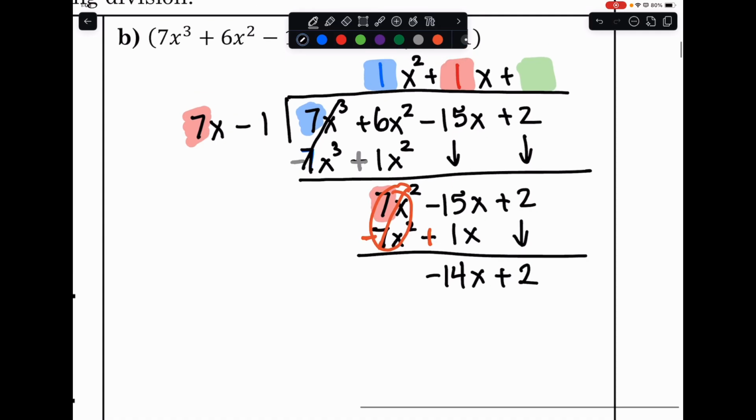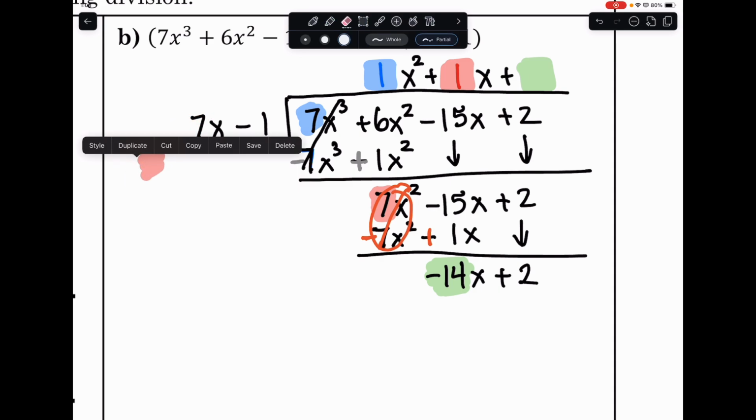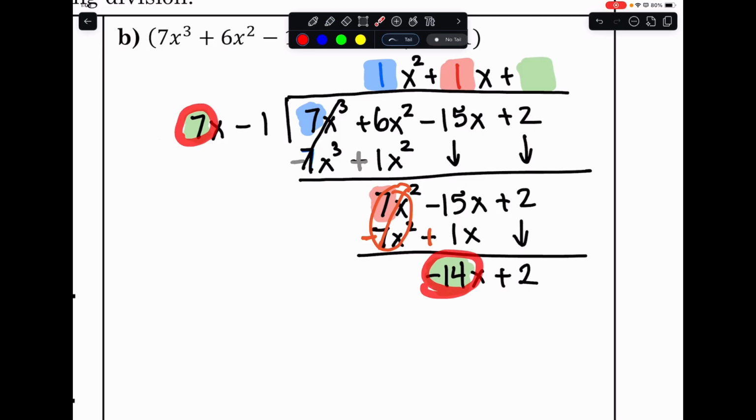And to get the third and final value right there, we're now going to get this leading term on this new dividend and divide it again by the leading term in our divisor. So negative 14 divided by a positive 7, that's a negative 2. So negative 2 times 7 is negative 14x, and negative 2 times negative 1 is positive 2.